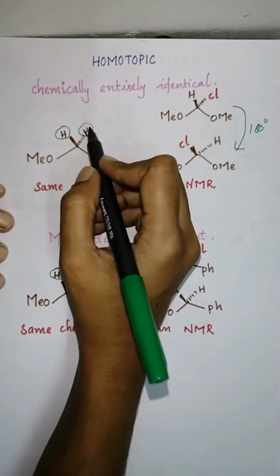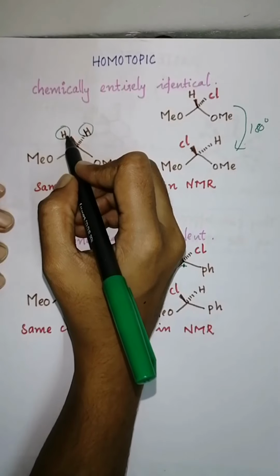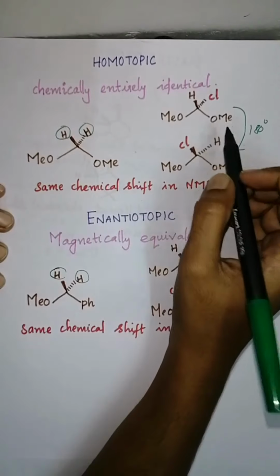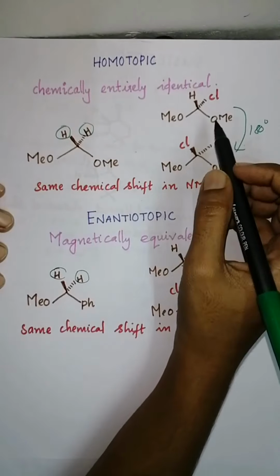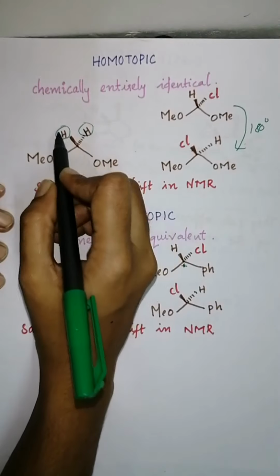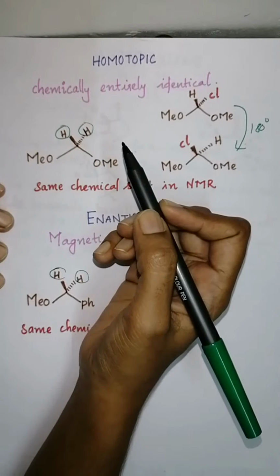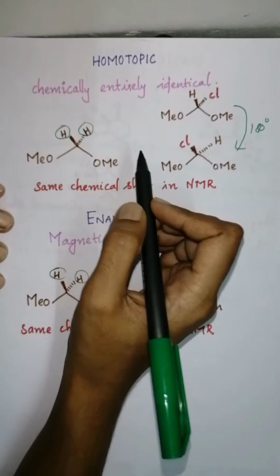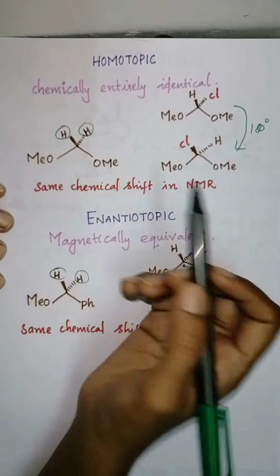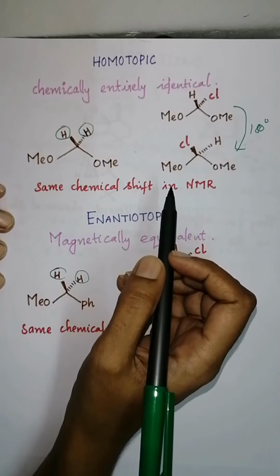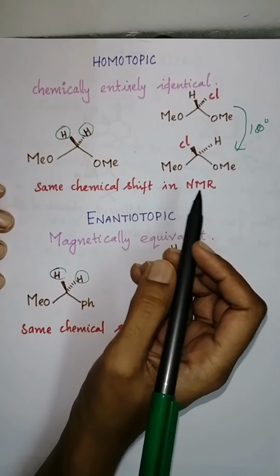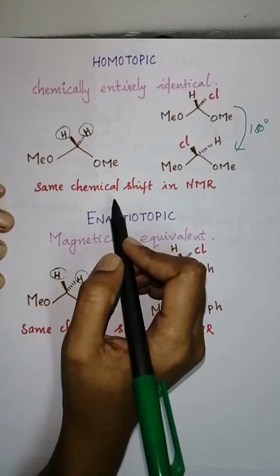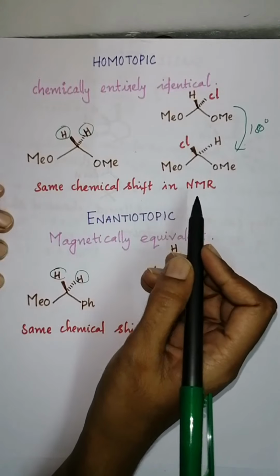That means replacing either hydrogen in this structure, we will get the same molecule itself, which means that the relationship between these two hydrogens is that they are homotopic, or we can say that they are chemically entirely identical protons. Since they are chemically entirely identical, we'll get the same NMR spectrum, or we can say that they will exhibit the same chemical shift in the NMR spectrum.